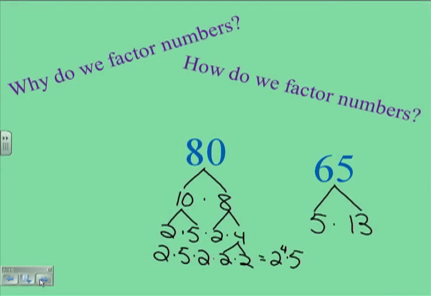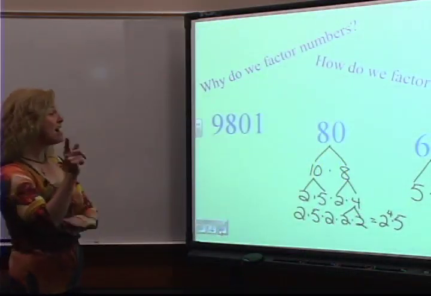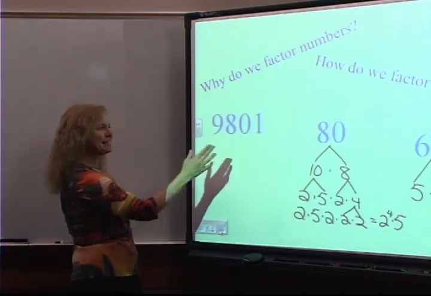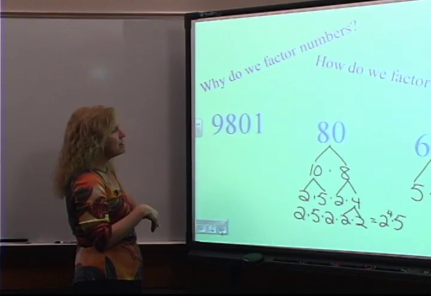Okay? Well, how about the number 9,801? And you say, good God, I'm glad it's her and not me. Do you know any clues here that would tell you what to do? Well, one trick, because you see he's not even, he doesn't end in a 0 or a 5.